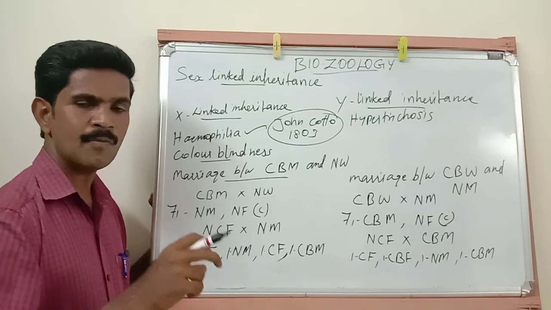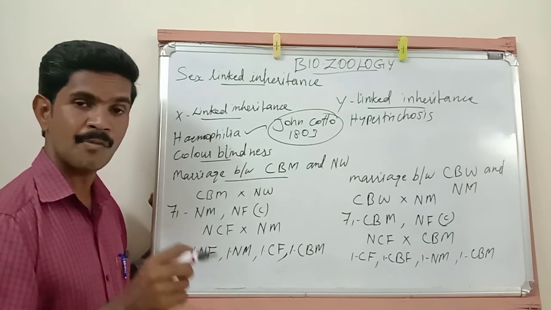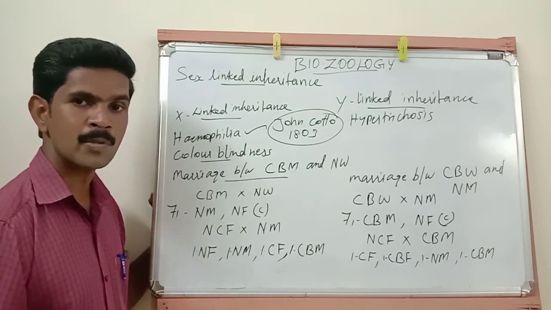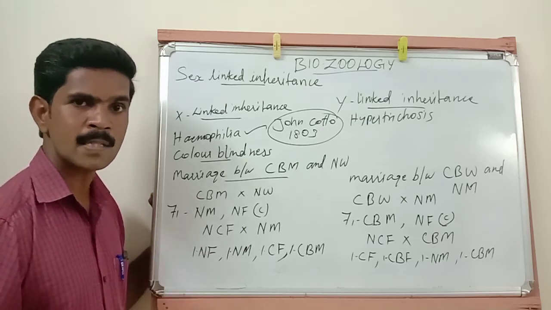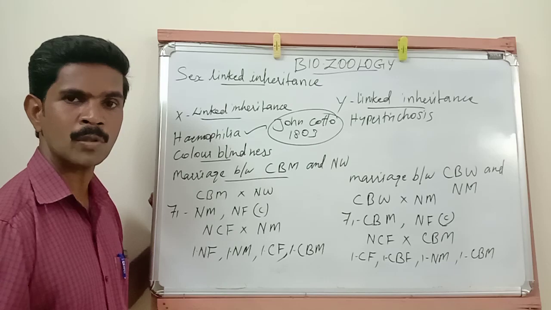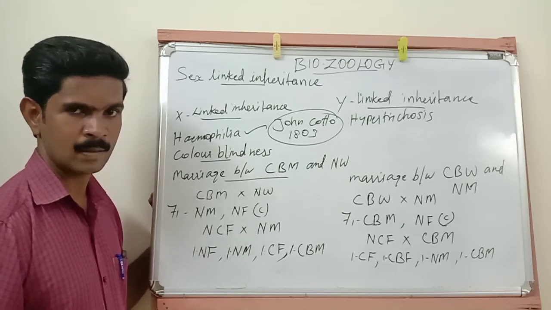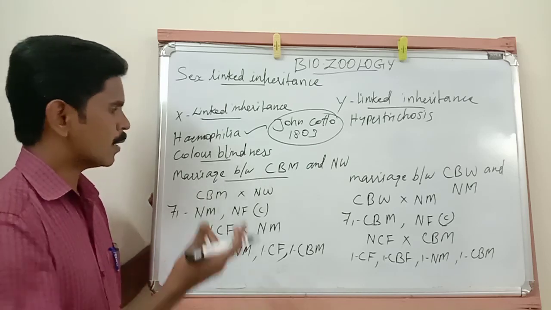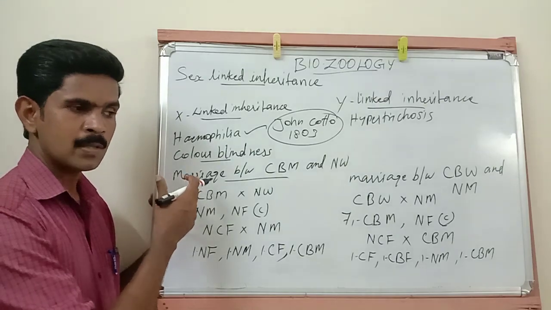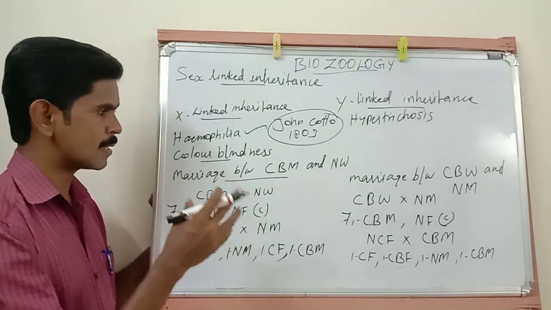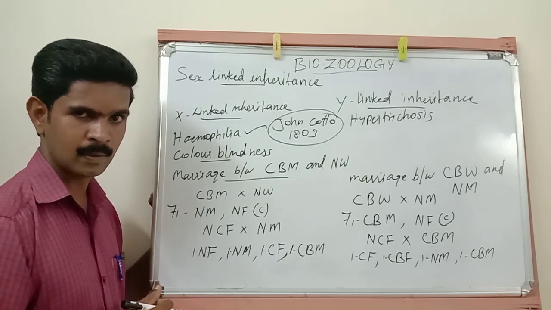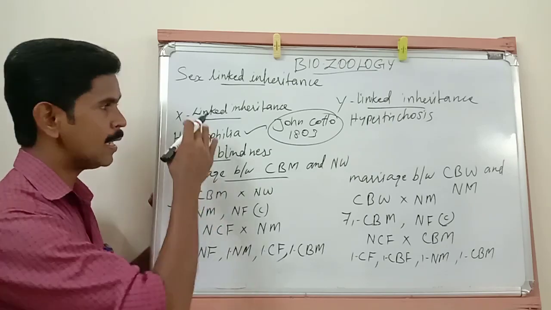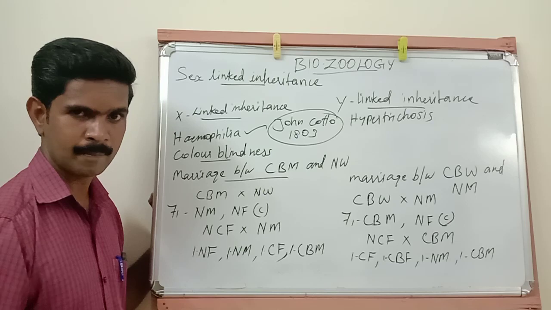So the recessive genes are unable to produce cone cells. So that person is unable to distinguish important colors like red, blue, green. Understand? So color blindness is a disorder. This disorder is due to X-linked inheritance. It's an example of an X-linked inheritance disorder.